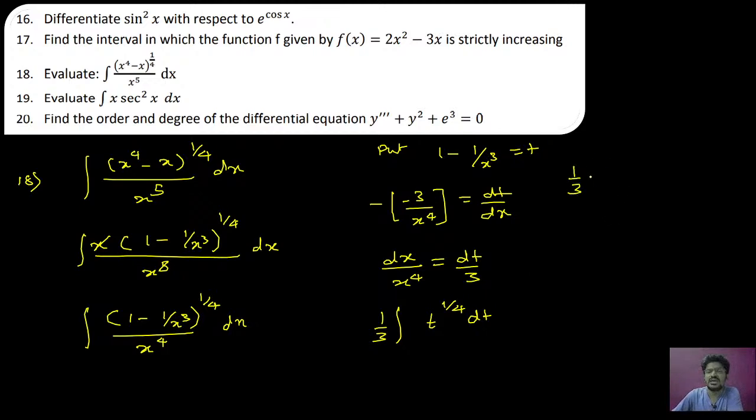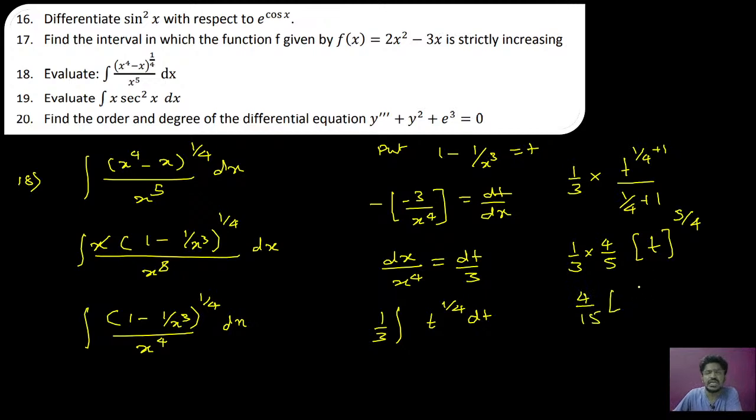So 1 by 3 into t to the power of 1 by 4 plus 1 divided by 1 by 4 plus 1, that is 1 by 3 into 4 divided by 5, here t to the power of 5 by 4. So 4 by 15.